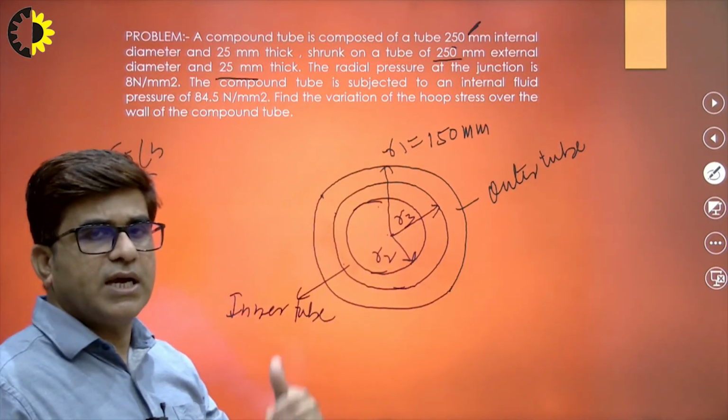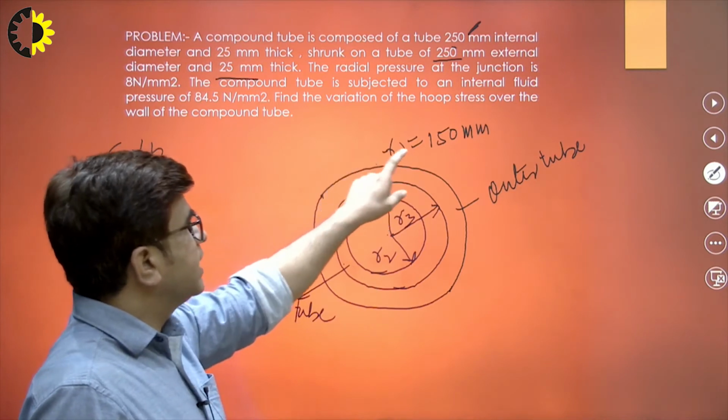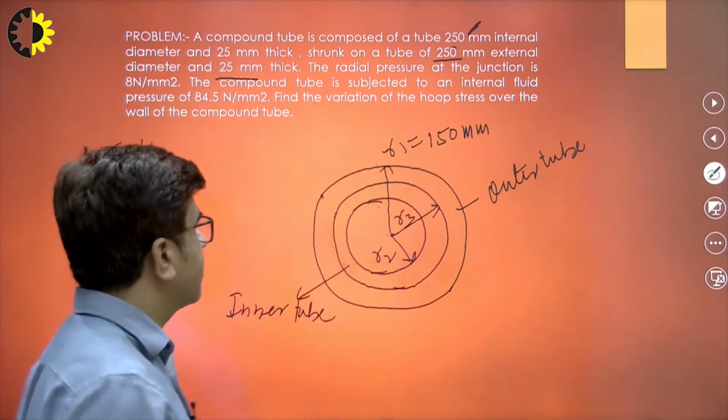If I add the thickness, I can get the outer radius, this R1, and that is 150 mm.